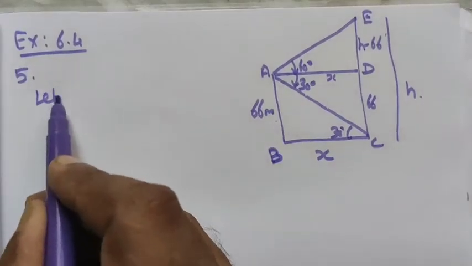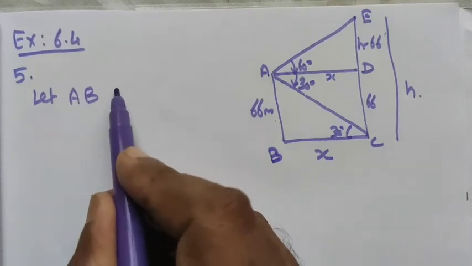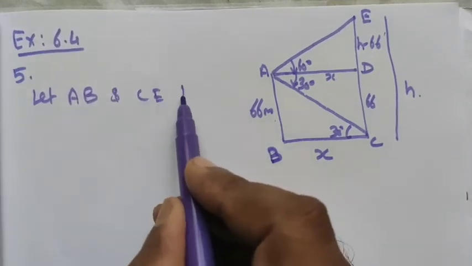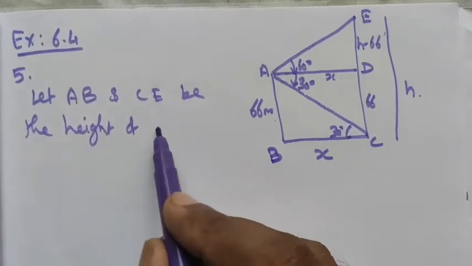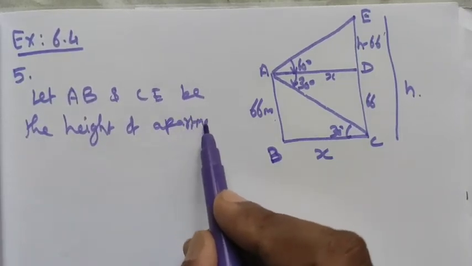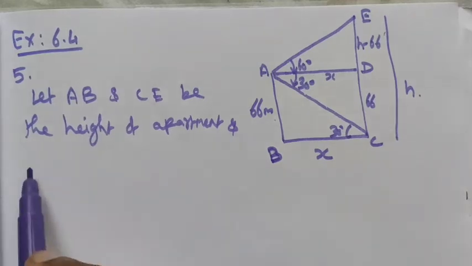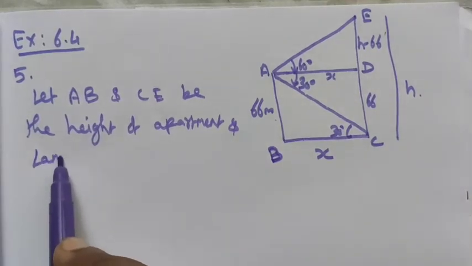Let AB and CE be the height of the apartment and the lamp post.